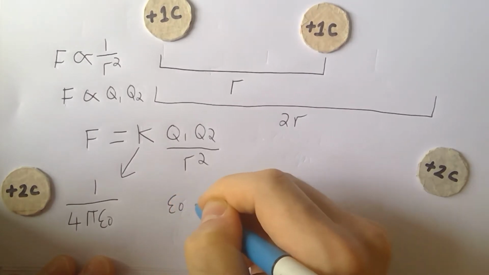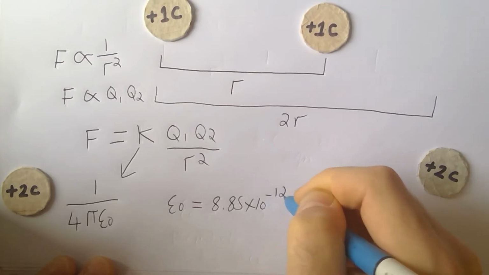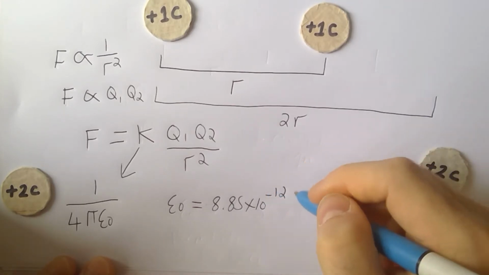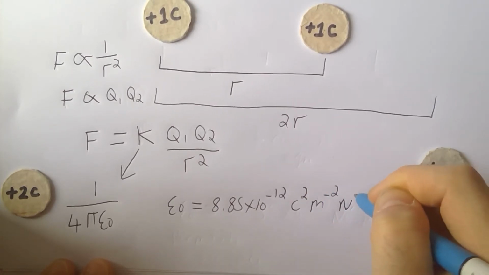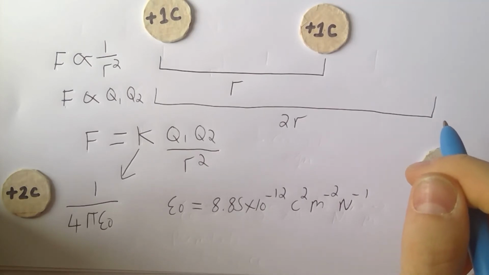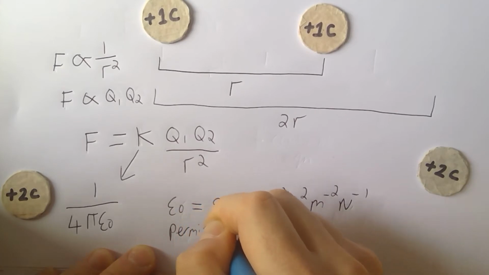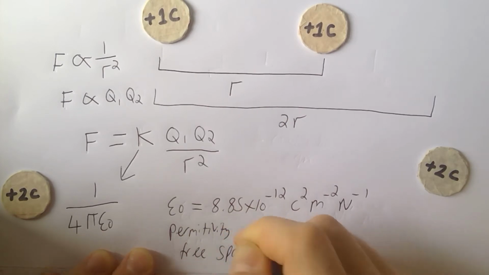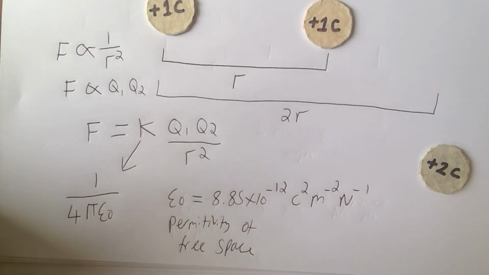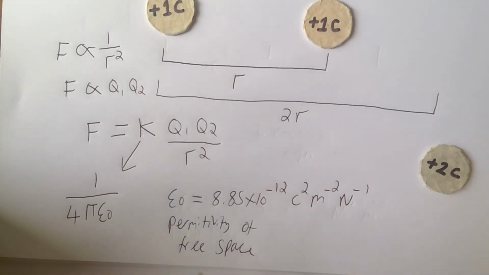The epsilon naught is 8.85 times 10 to the minus 12 coulombs squared, meters to the minus 2, newtons to the minus 1. This is called the permittivity of free space. So if you know this constant, you know your two charges, and you know the distance between them, you can work out the force between them.